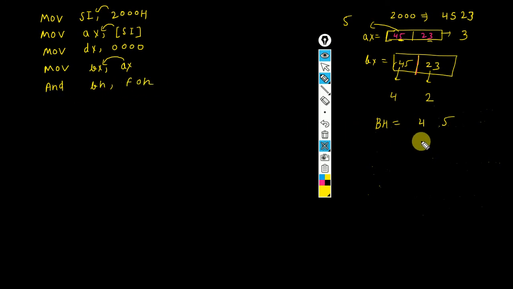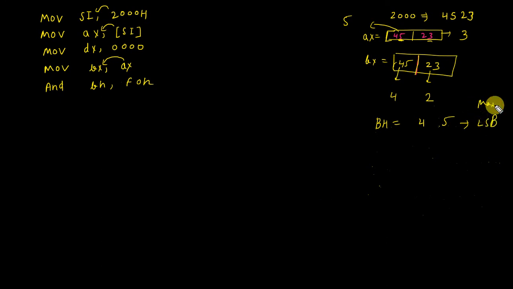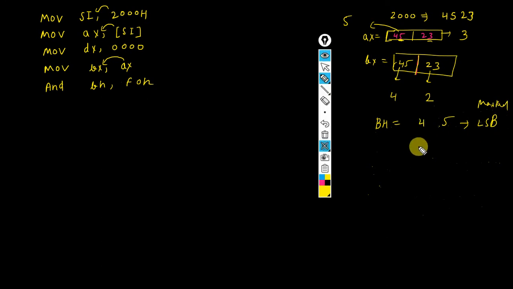So here we mask the LSB, masking LSB. So we write F0 here.